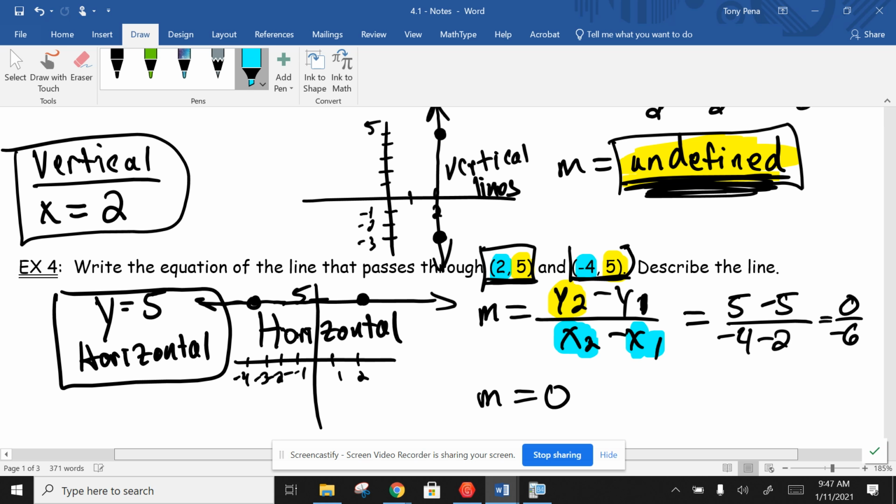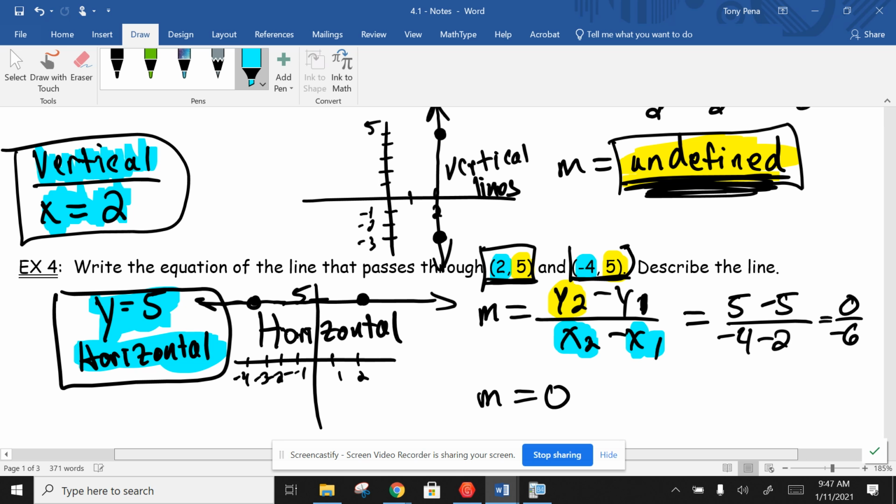So keep this straight. My calc kids still screw this up as juniors and seniors. It's the easiest thing that we do, and it's also the hardest. If it's a vertical line, it is always x equals some number, and in this case, it was a 2. If we are looking at a horizontal line, your equation is always y equals some number.